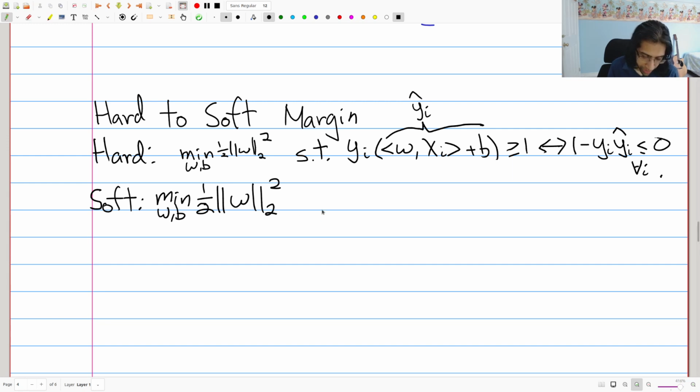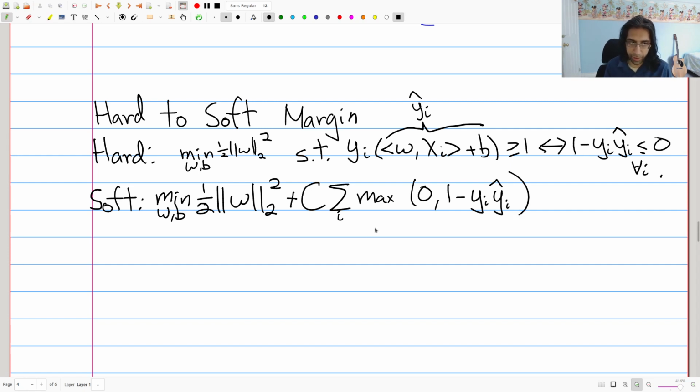But now what we do is we do the following. Plus C times the summation over all i of max of 0, 1 minus yi hat. And this is our new loss term.